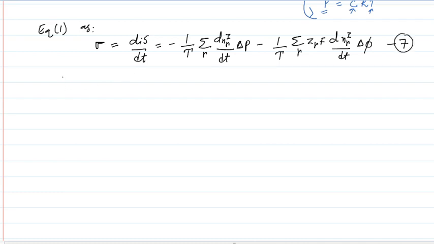That means we can simply define the fluxes.